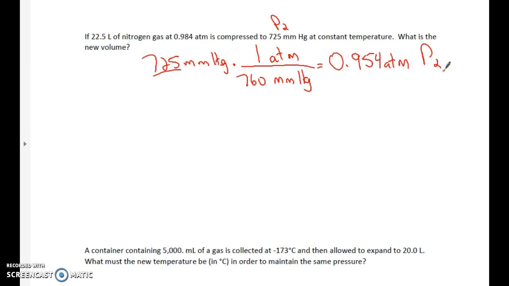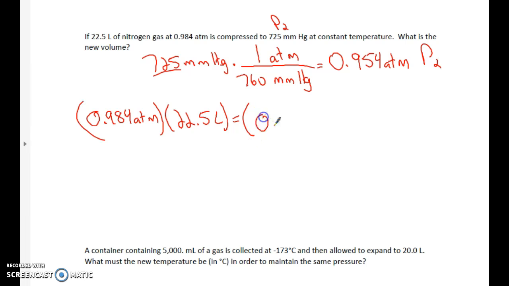Now you obviously don't have to do this problem twice. I'm just showing you that no matter what, you will end up with the same answer. So P1 was 0.984 atmospheres. V1 is 22.5 liters. P2 is what I just did the conversion for, 0.954 atmospheres, and I'm solving for V2 using the same method as the last one.